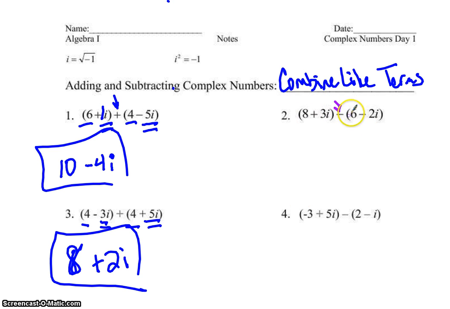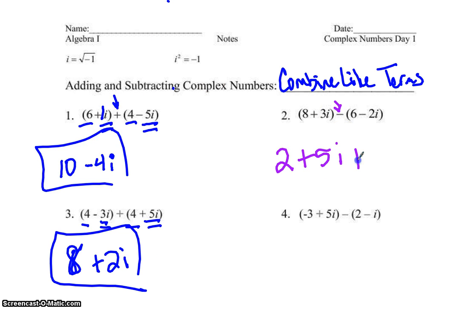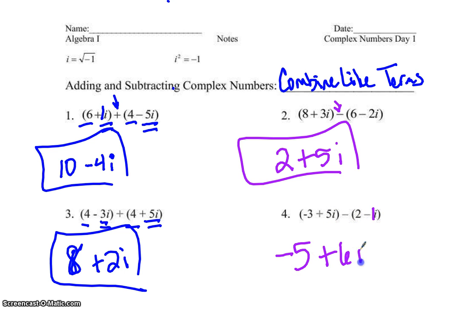And so 8 minus 6 is 2, and 3 minus a -2. You might want to do that in your calculator. 3 minus a -2 is a positive 5, so plus 5i. So -3 minus 2 in your calculator would be a -5, and 5 minus a -1 in your calculator would be plus 6i.